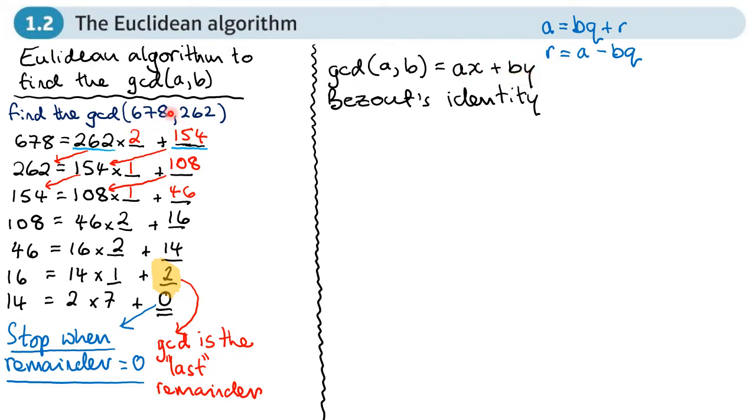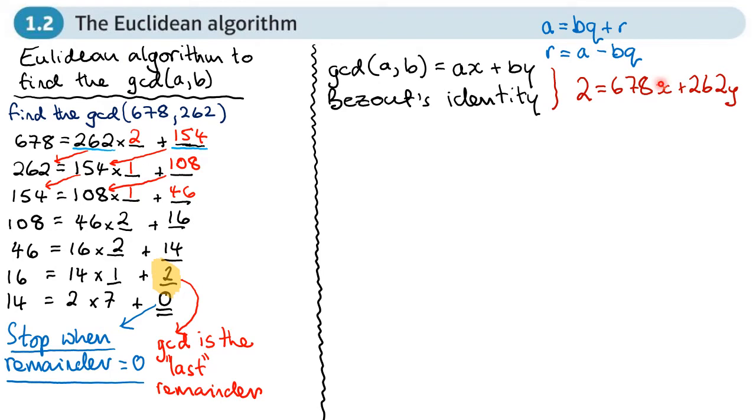So for example, in our example, can we write 2, that's the greatest common divisor, as 678, that was the first number, times something, plus 262 times something? And we can. That's what Bezout's identity says we can do.